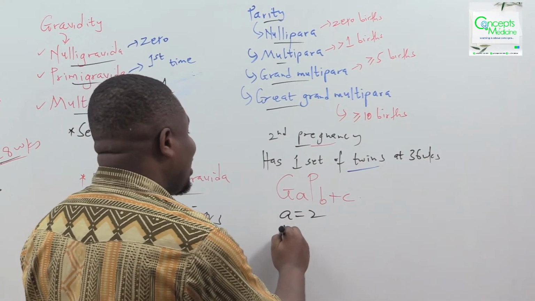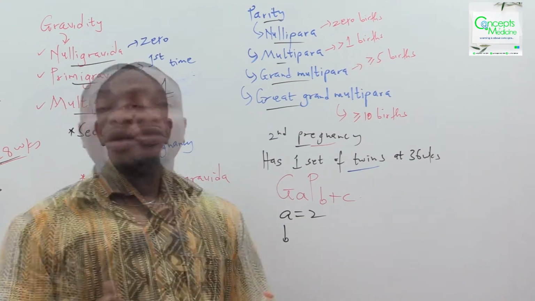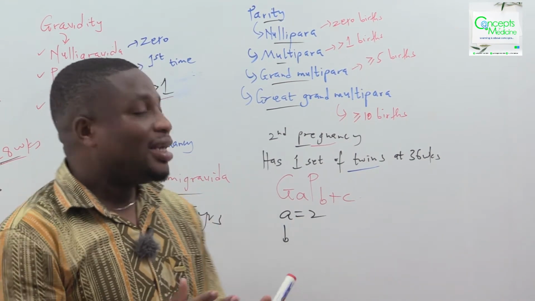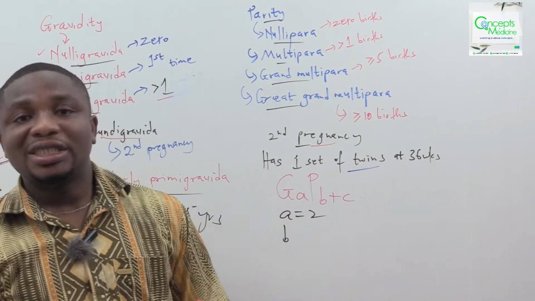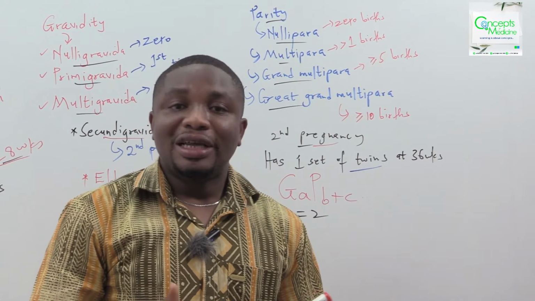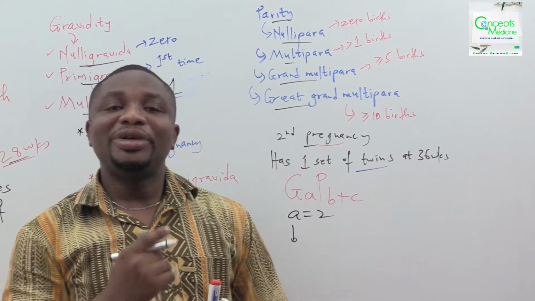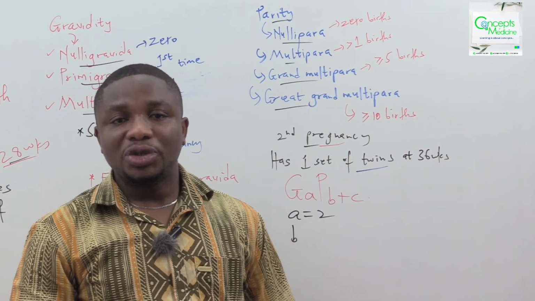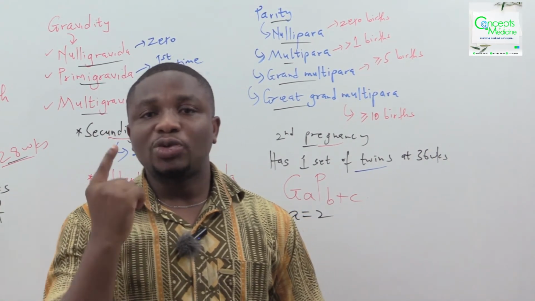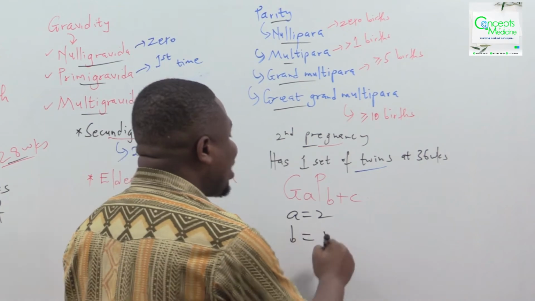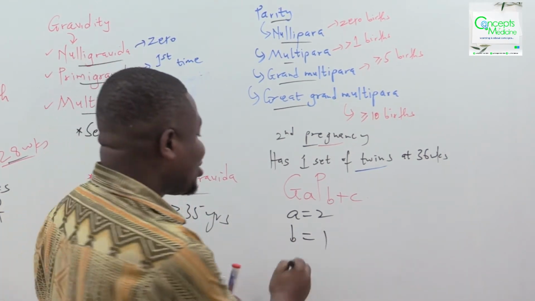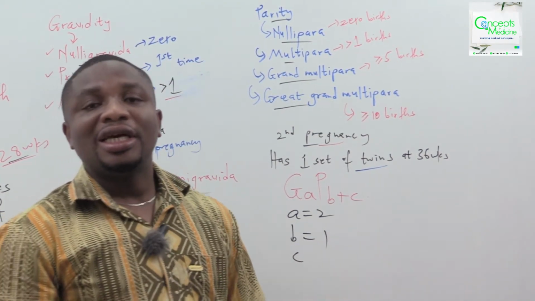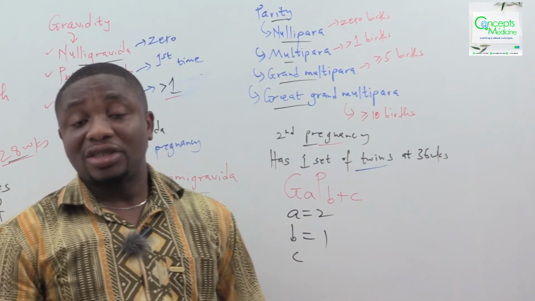What of our B? How are we going to count it? There is 1 set of twins delivered at 36 weeks, but the pregnancy was just 1 that resulted in the delivery of those twins. So we'll count the twins as 1. So our B will be equal to 1. What of our C? There were no miscarriages and no termination of pregnancy.